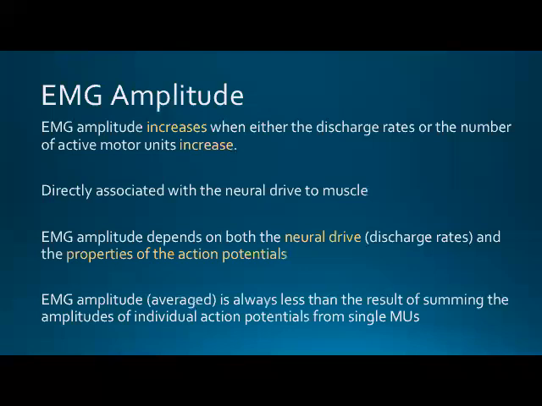So you can recruit up to a point. When you can't recruit anymore, you can recruit them more frequently. So you can fire more frequently, send signals down the nervous system through that muscle fiber across that nerve more frequently, and that could give you a little bit more force production once you've maxed out recruitment. So usually you're going to recruit up until close to 80% of max, and then you're going to start seeing more modulation or changes in the EMG signal as a result of firing rate. That's kind of like your last line of defense.